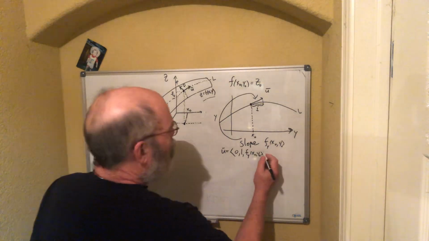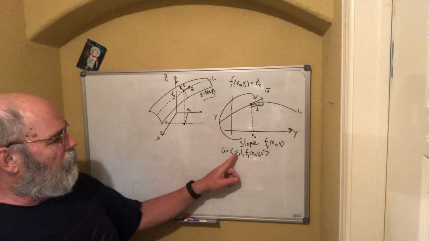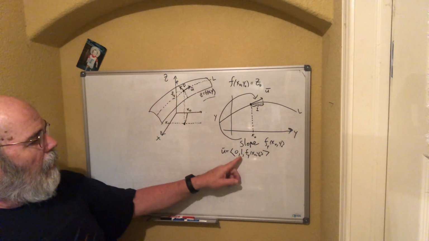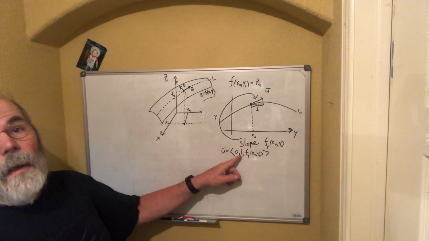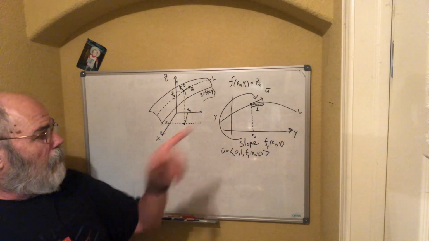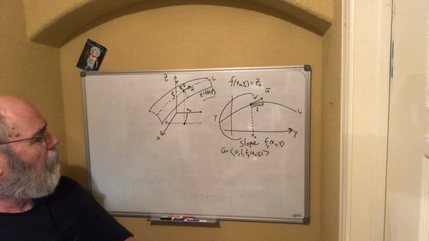Okay? So there's one of our vectors. Nothing in the x component because we're in that plane. Normalize my vector so that that's a 1. And then the slope tells me that the z value must be that.